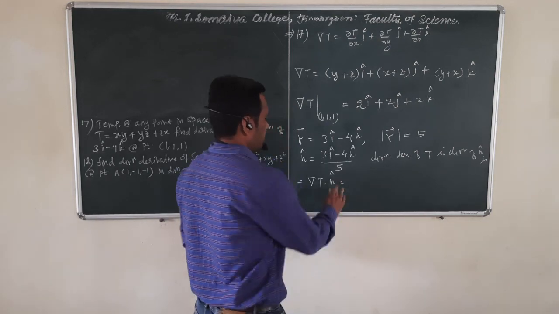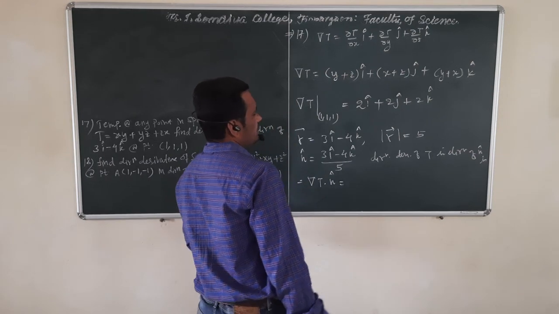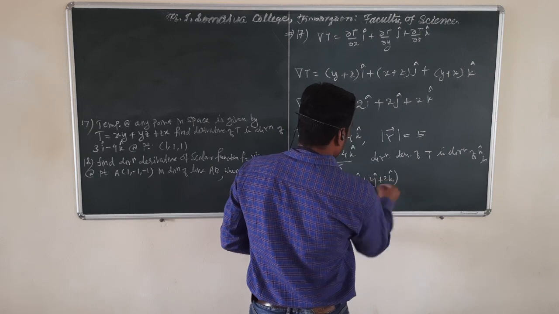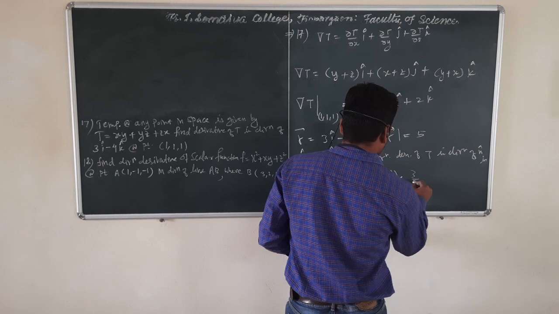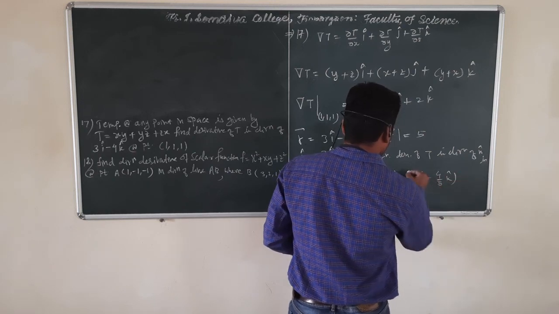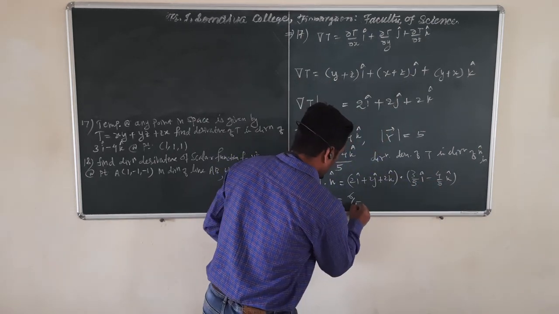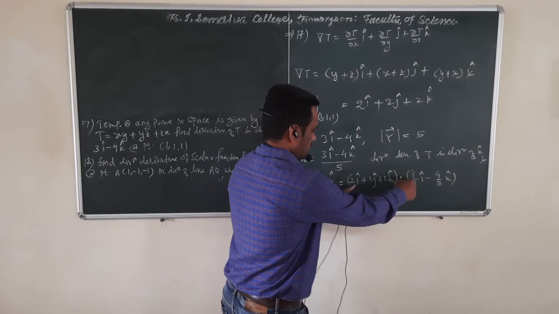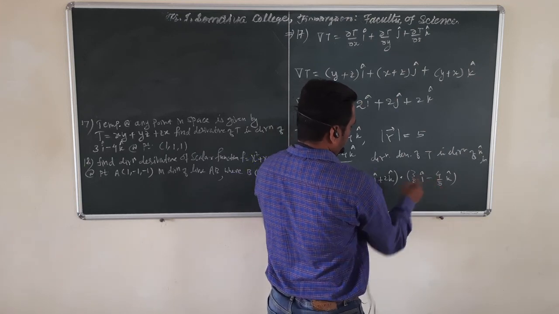The gradient of t, which is 2i plus 2j plus 2k, dotted with n cap, which is 3 by 5 i cap minus 4 by 5 k cap, gives 6 by 5, then 0 for the j term, minus 8 by 5.